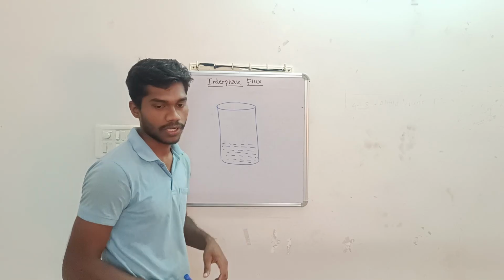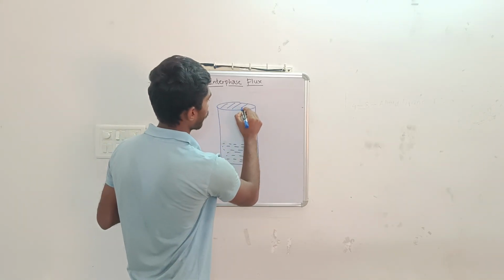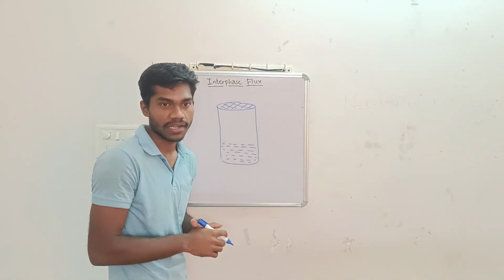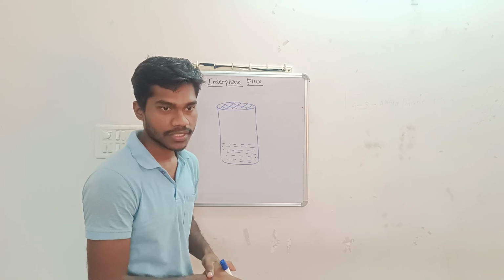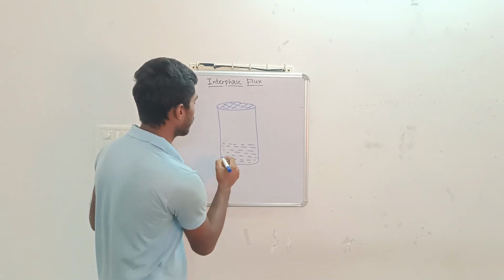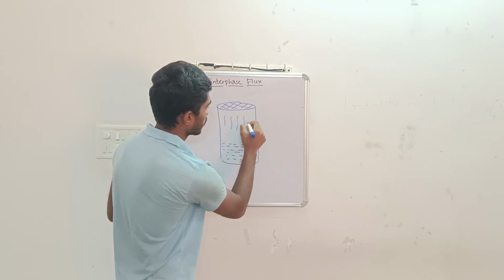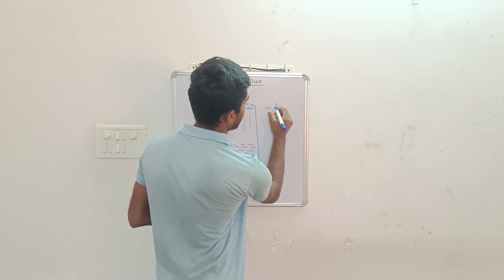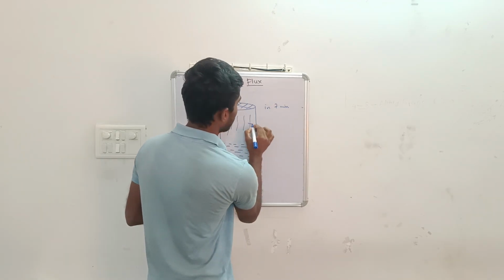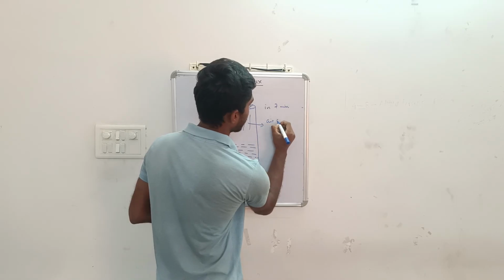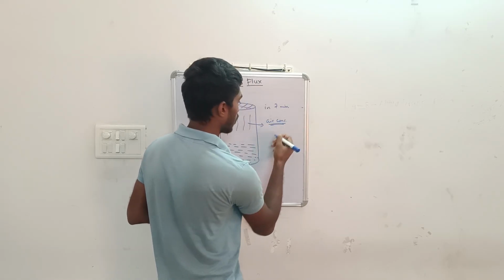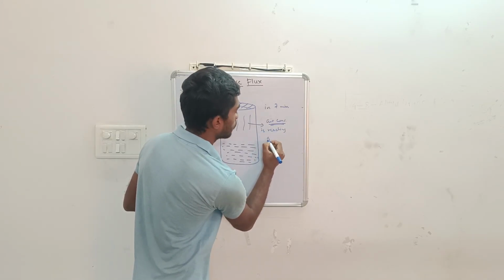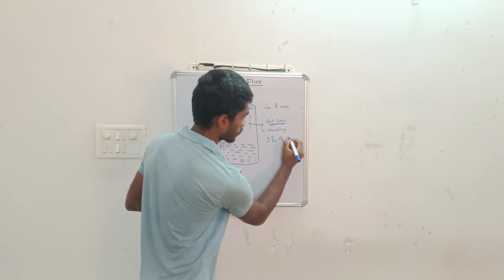Then we are sealing the top, so ethanol cannot escape this cylinder, and because ethanol is volatile, it will evaporate in the air in the cylinder. We are given that in 7 minutes, the ethanol concentration in air is reaching 9% of its saturation value.